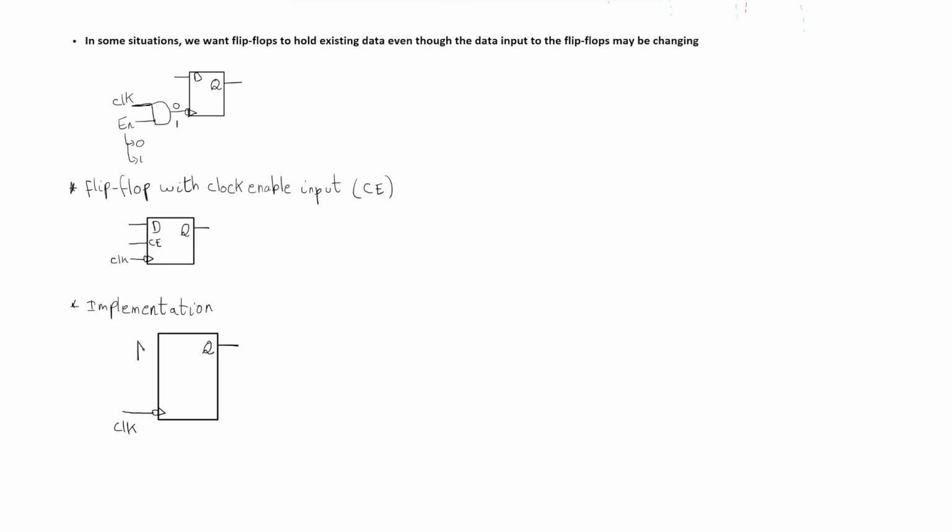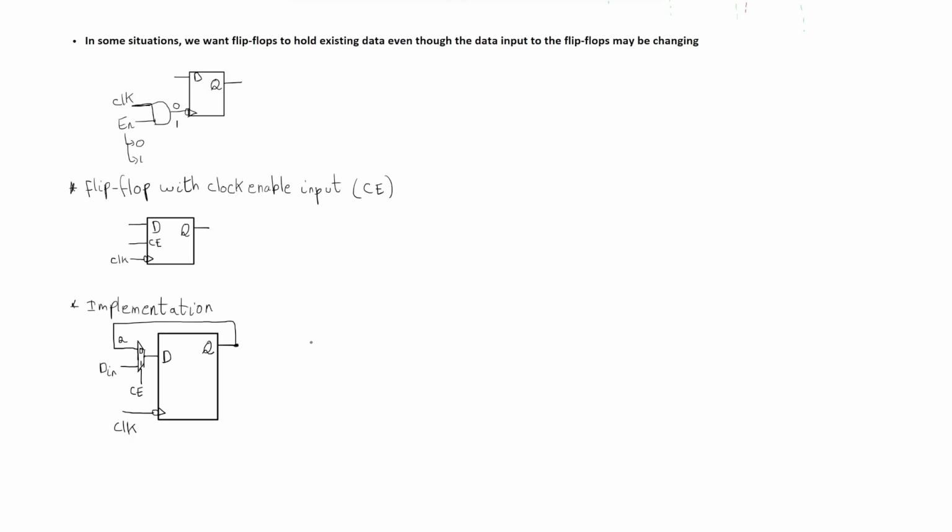This is a mux, this is the D input, and the control input is the clock enable. So this is CE, and then we have DN, data in, and we can feed back the Q.